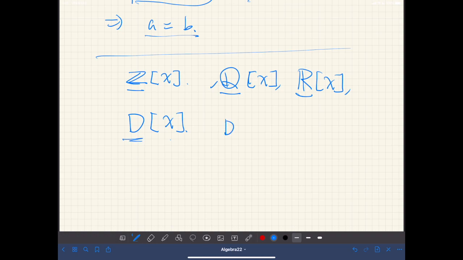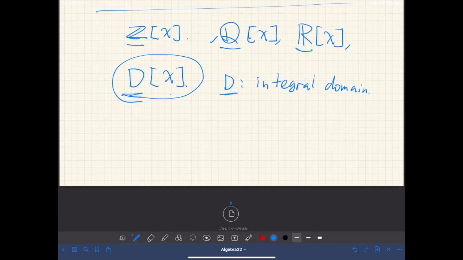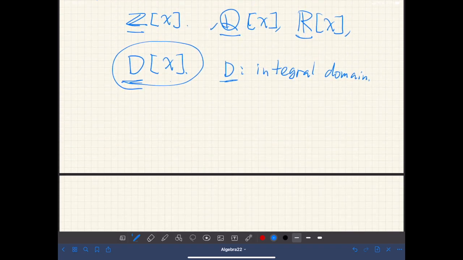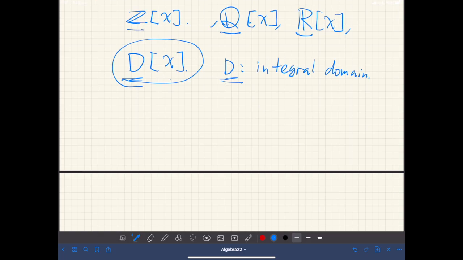So let us assume that D is an integral domain. This is any integral domain. It may be the integers, but it may be something else. And we may talk about this kind of polynomials with all coefficients being elements of this integral domain D.